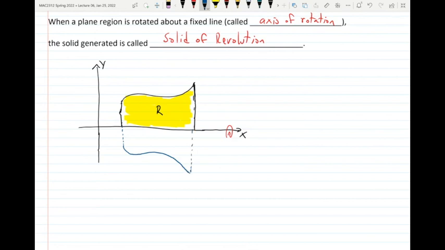Imagine the x-axis being a mirror, and then this sort of shape will be created. So again, you have this plane region, and when you rotate this around the x-axis, you're going to create a solid. You can more or less picture your solid.